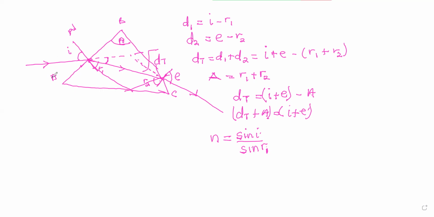The ray is hitting AB and coming out through BC. If we look at it from right to left, from the ray hitting BC and emerging through AB, then the same refractive index can be obtained as sine of E over sine of R2. Class, are you with me?